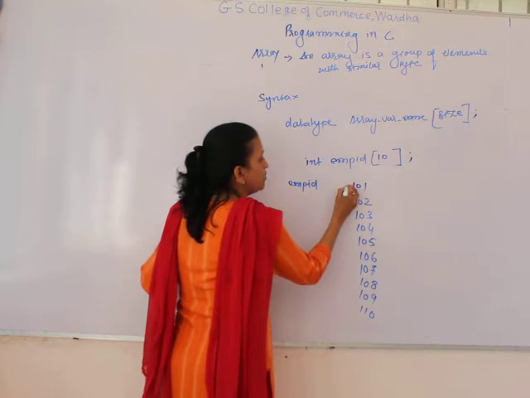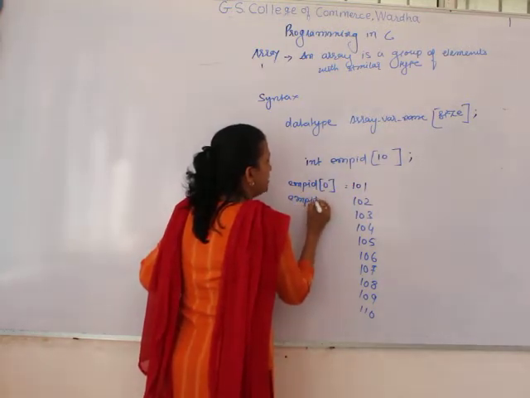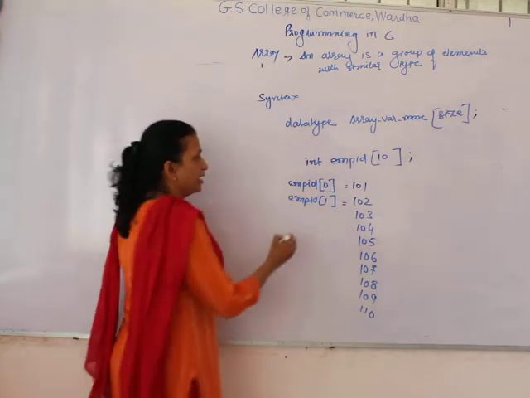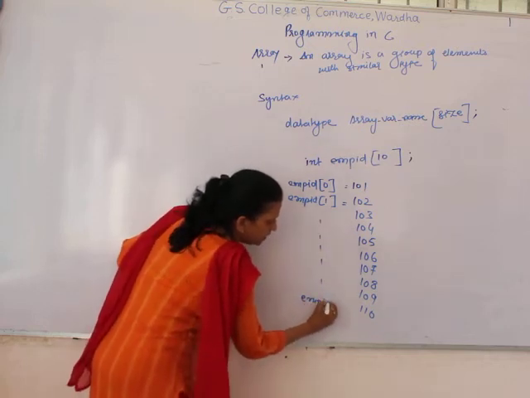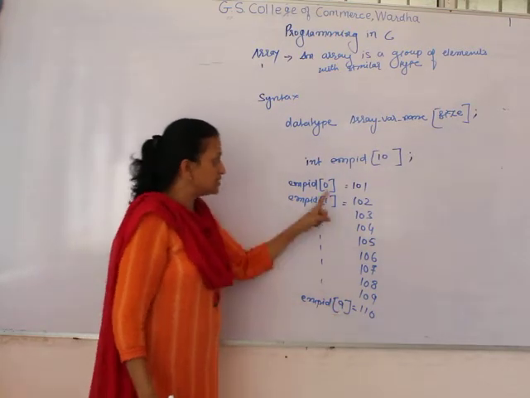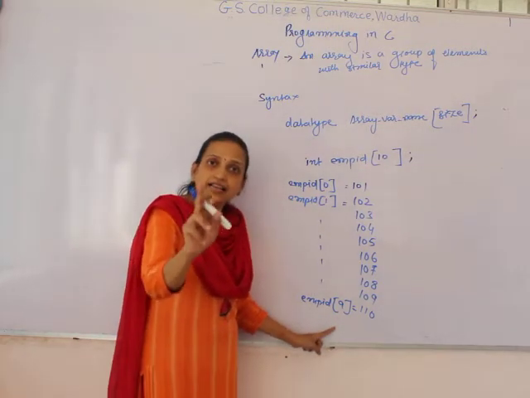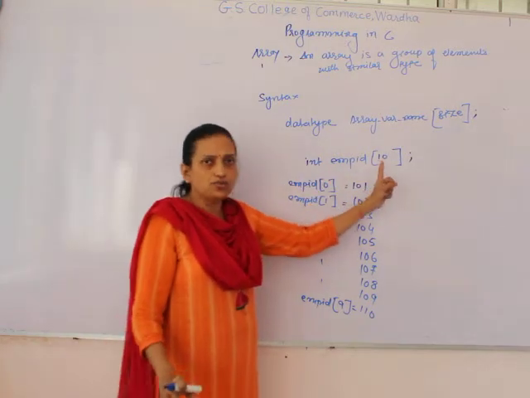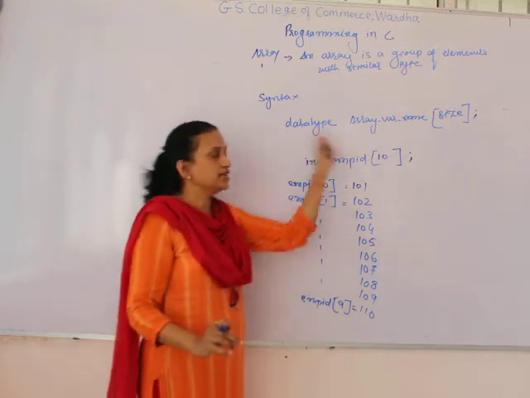The first value is assigned to index 0, then the second value is assigned to index number 1, and so on. The last is EMP ID of 9. The index number always starts with 0 up to less than n, whatever size you declare here, so 9 is less than 10.